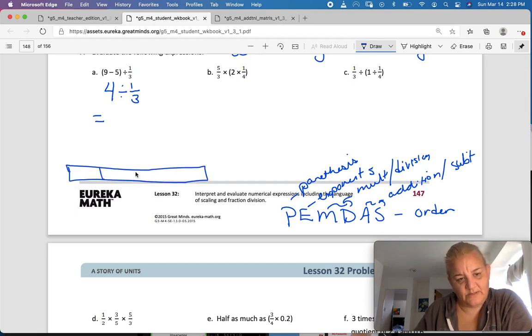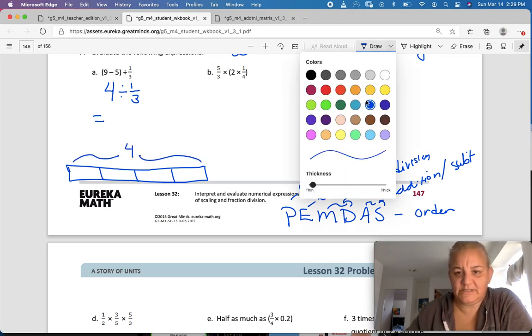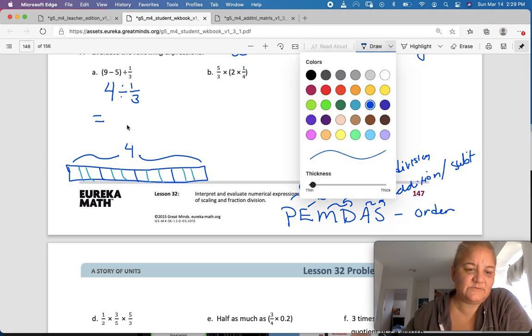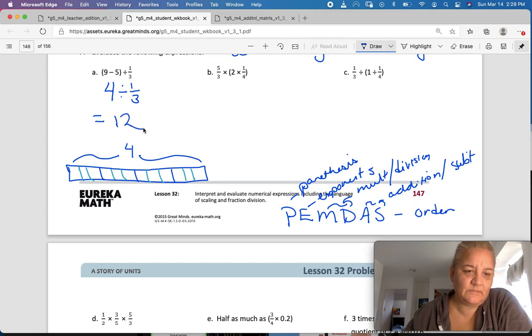So here's 1, 2, 3, 4. And I'm going to cut it into thirds. How many times does that fit? 12 times. Okay, there are 12 of these.